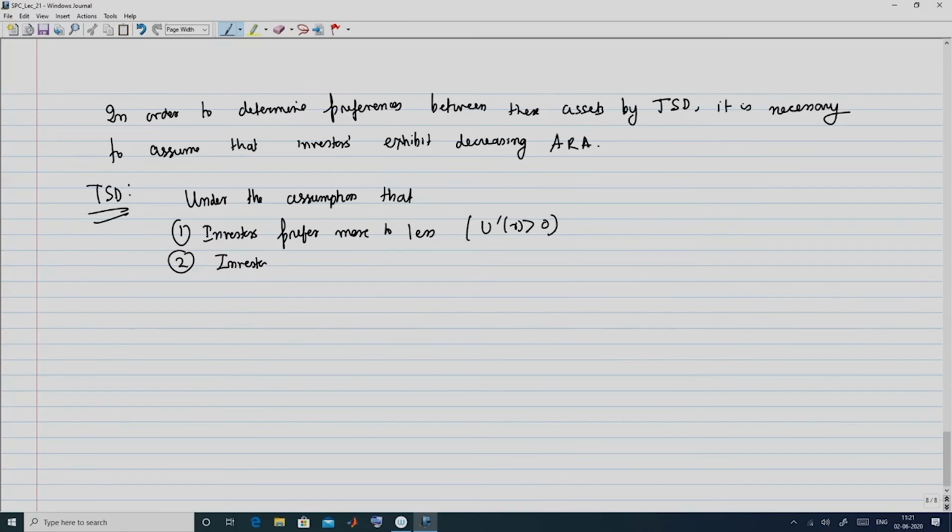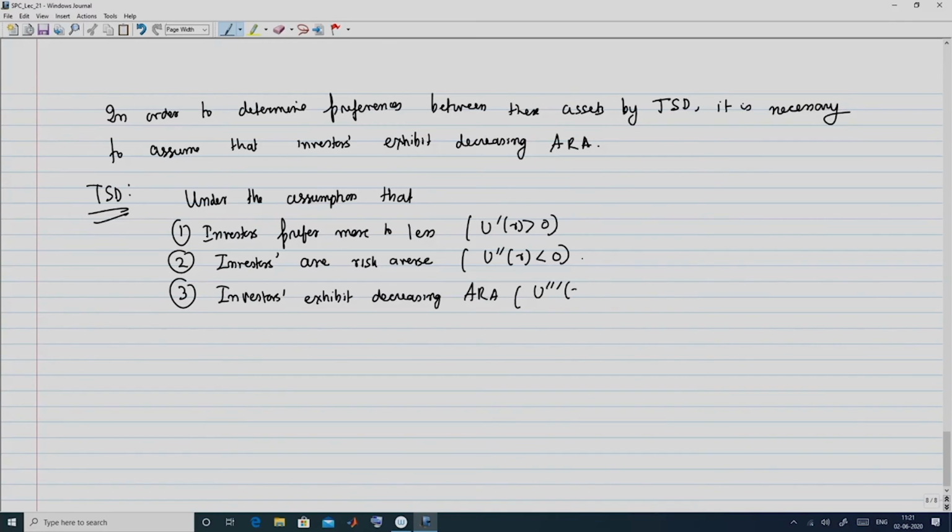Then we bring the risk aversion property, that investors are risk averse, that was introduced for SSD, and this was equivalent to u double prime of r less than 0. Thirdly, we have the new condition that is applicable in case of TSD, that investors exhibit decreasing ARA, that is u triple prime of r is greater than 0.